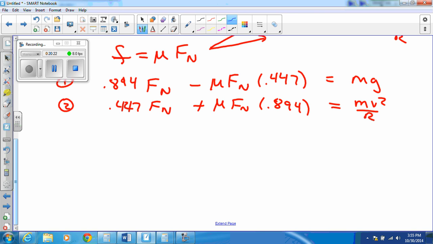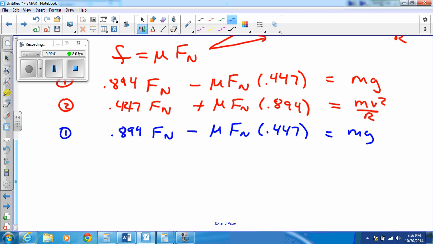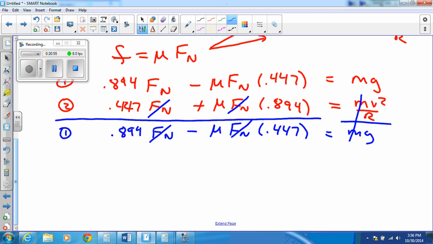Now, exactly as we did in the previous part, we are set up so that we can divide one equation by the other. And I'm going to, again, divide equation number 2 by equation number 1, just so that I can be like the previous problem, really. And when I divide this equation by that one, then the masses cancel.